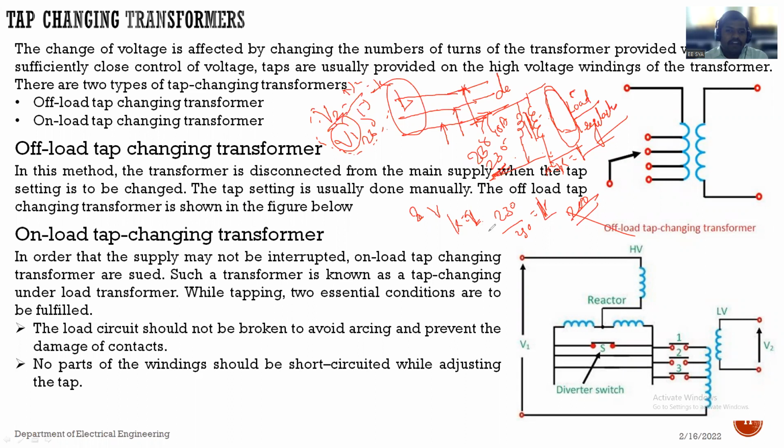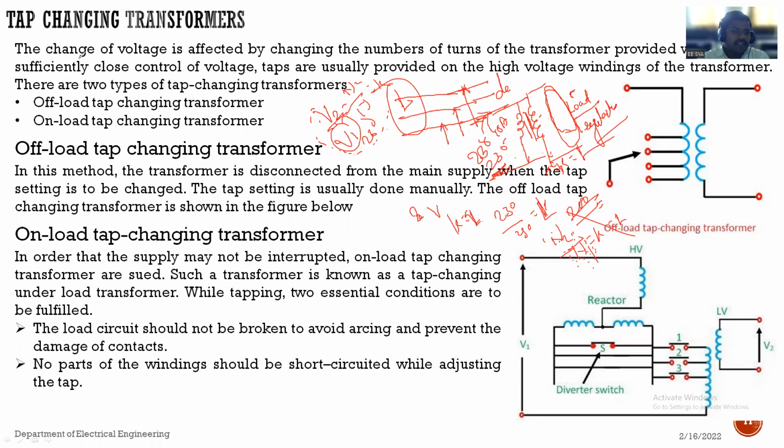See, V2 divided by V1, now N2 divided by N1 is nothing but K. K is equal to 1, which means N2 and N1 are the same. So if N2 and N1 are the same, and N1 is kept as it is, and I change N2, will the voltage change? Yes, sir.